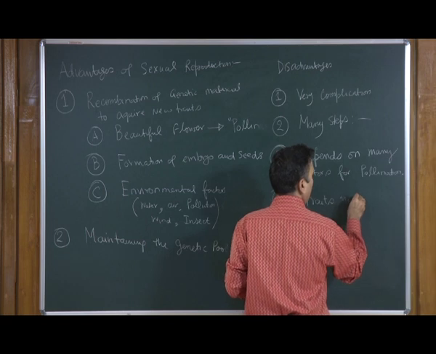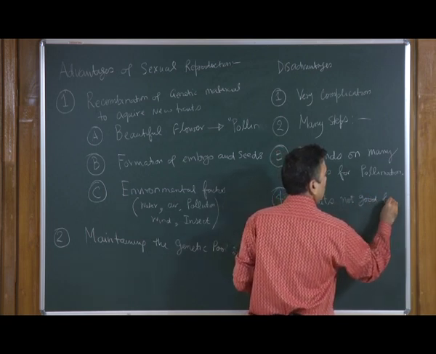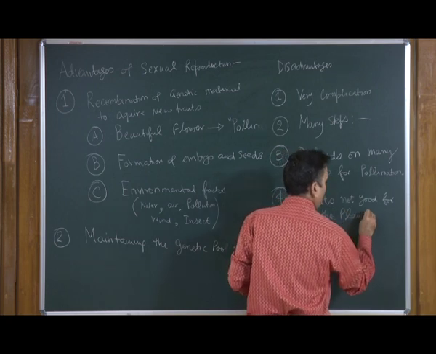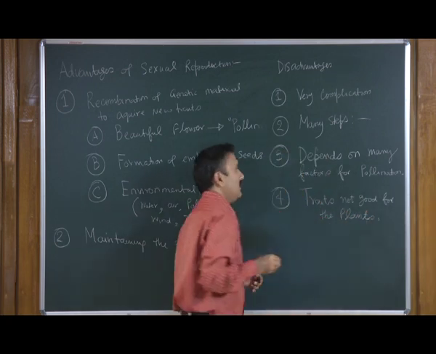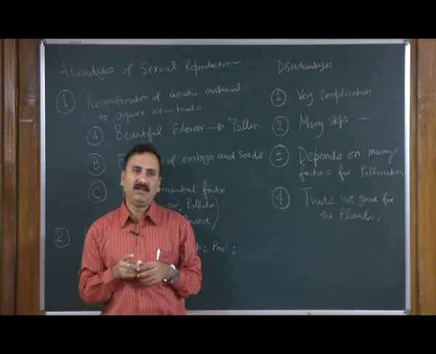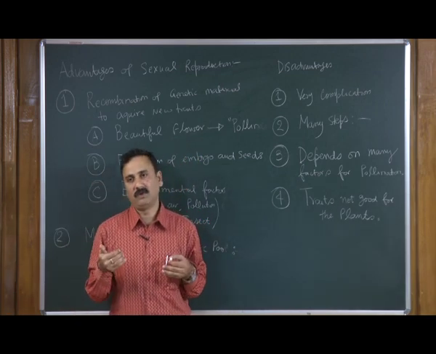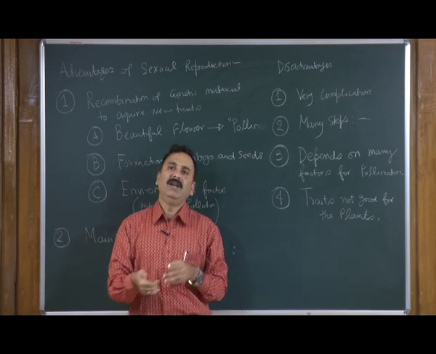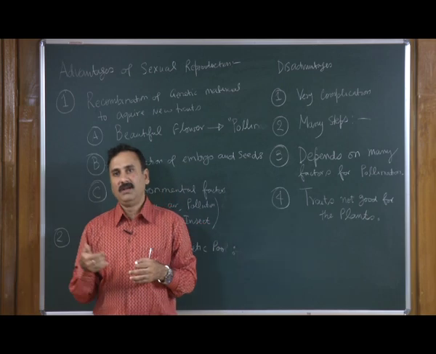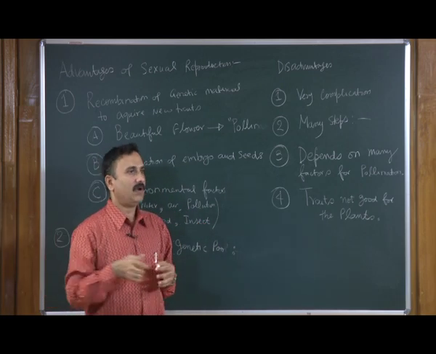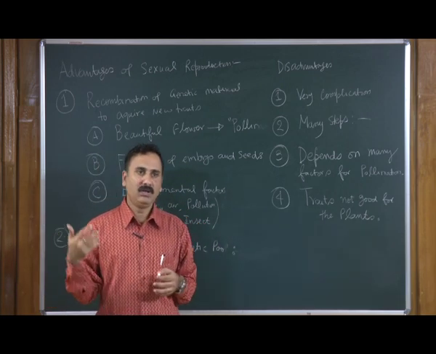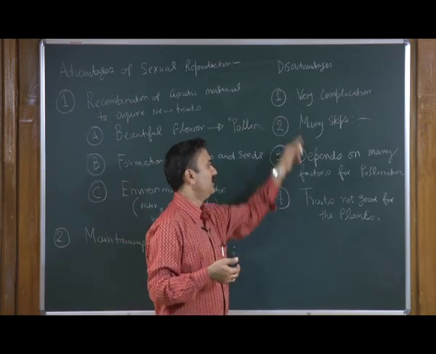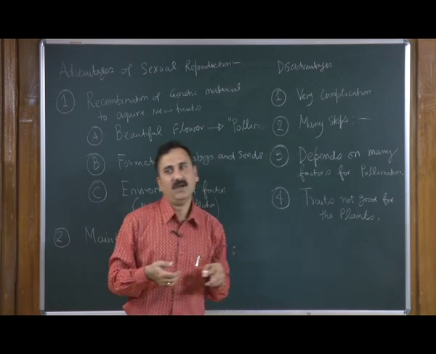So, these are the advantages as well as the disadvantages of plants going for sexual reproduction, but there are many more advantages than the disadvantages, because the plants are going for sexual reproduction, and that is actually evolving over the course of time to reduce these disadvantages.